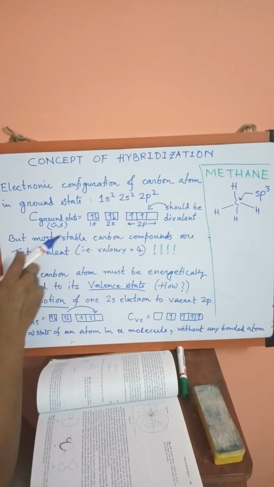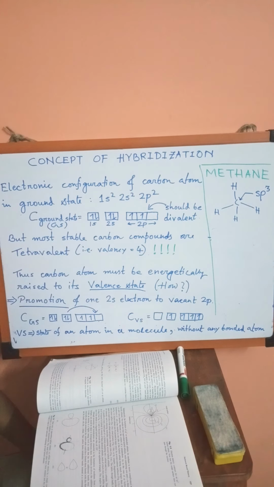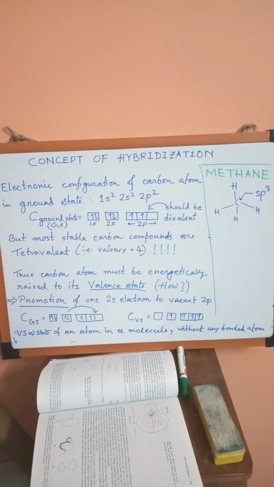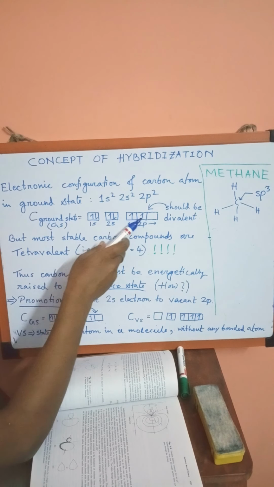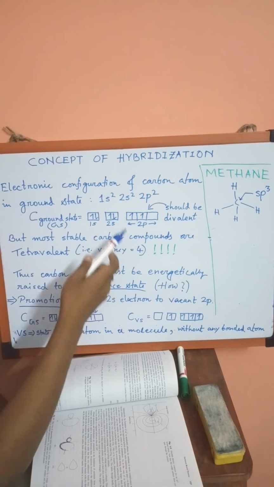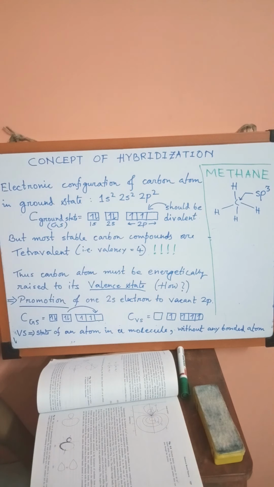Now, according to this electronic configuration, if I ask you about the valency of the carbon, you can say that because it has 2 unpaired electrons, it might have a valency of 2, so carbon should be divalent.